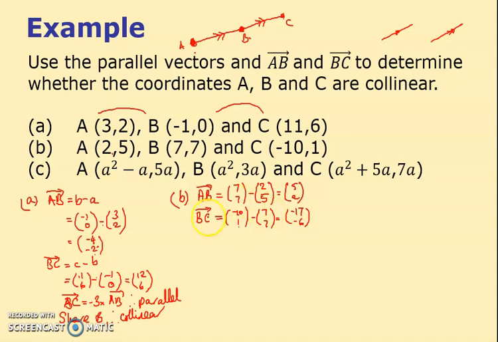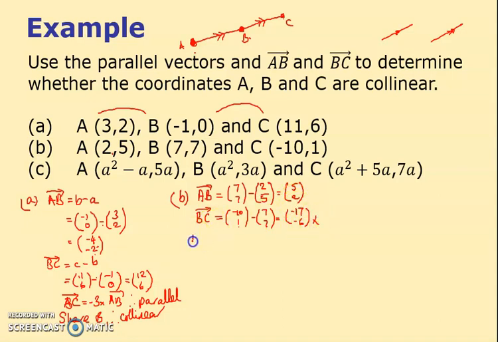Now, I don't think these are collinear. Look, could I times 5 by something to get 17? Yeah, I can. It's not very nice. It's actually minus 3.4 to get minus 17. But if I times 2 by minus 3.4, I'd get minus 6.8, which is not that.